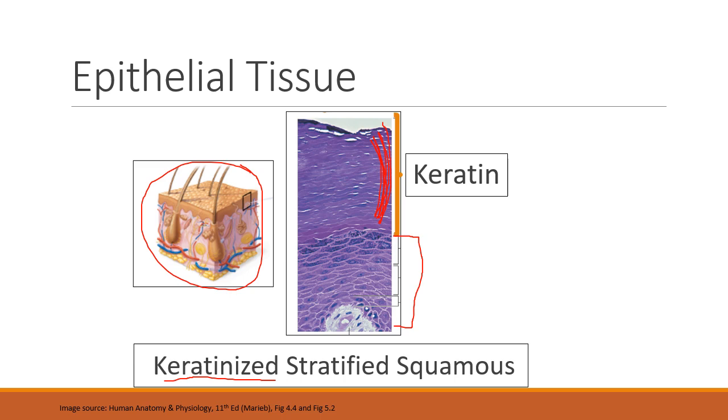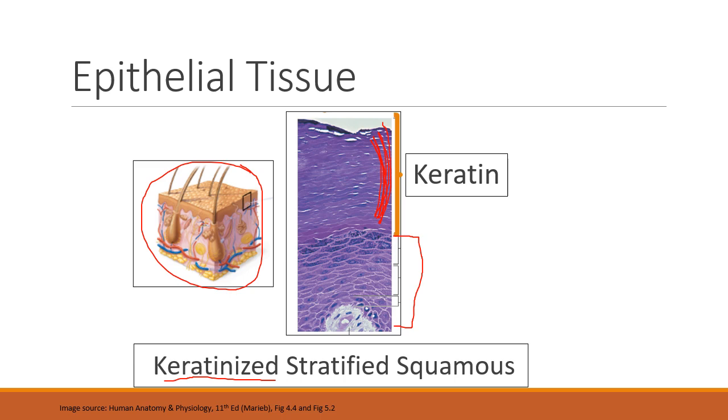But keratin is basically dead skin cells, but it acts as a barrier to keep water out, to keep water in, and then a little bit of protection as well for your skin. We'll talk about that more later on, but that's keratinized stratified squamous epithelium.